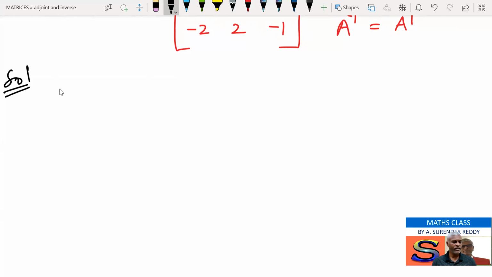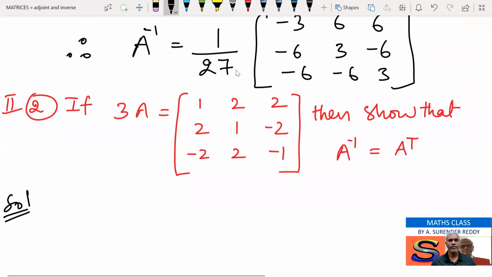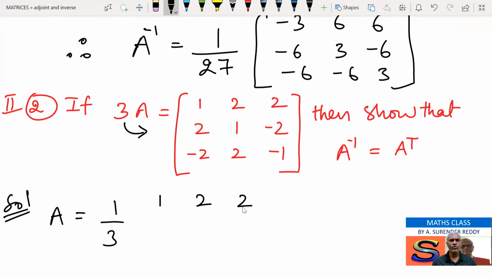As 3A is equal to this one, if you bring 3 this side, this will give us A is equal to 1 by 3 into 1 2 2, 2 1 minus 2, minus 2 2 minus 1.